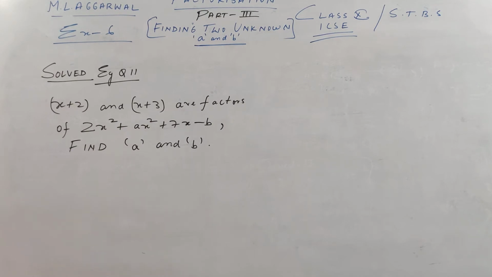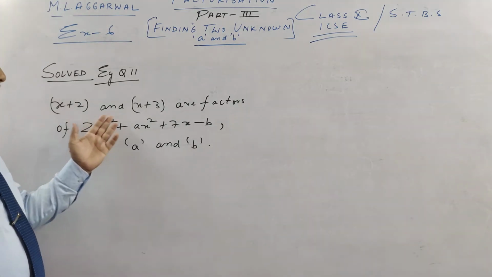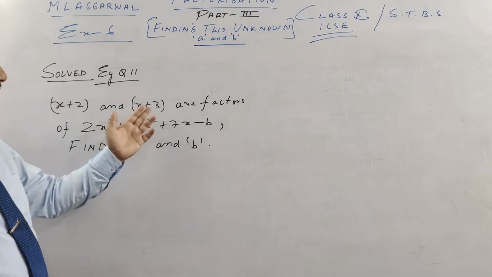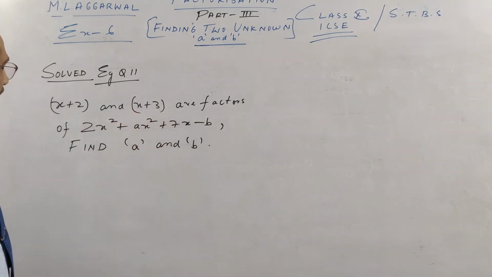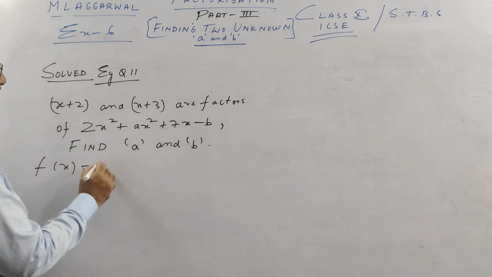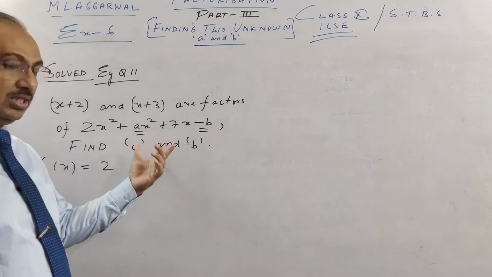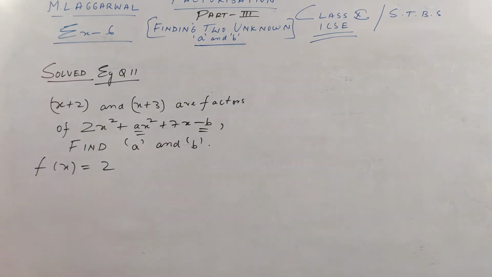So here we start solved example 11 to understand the concept. If x plus 2 and x plus 3 are factors of this cubic equation where two unknowns are there, children, we have to solve for these two unknowns.